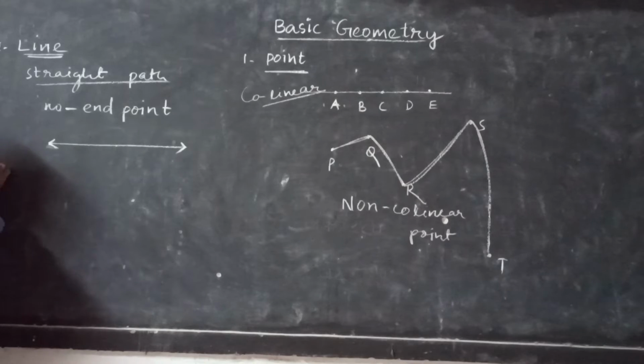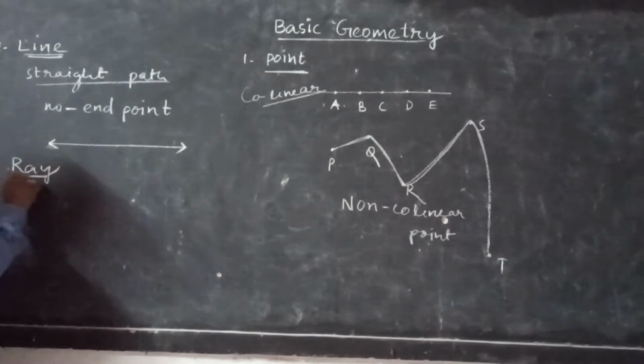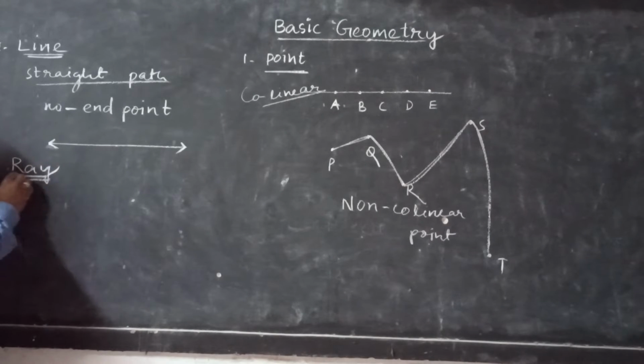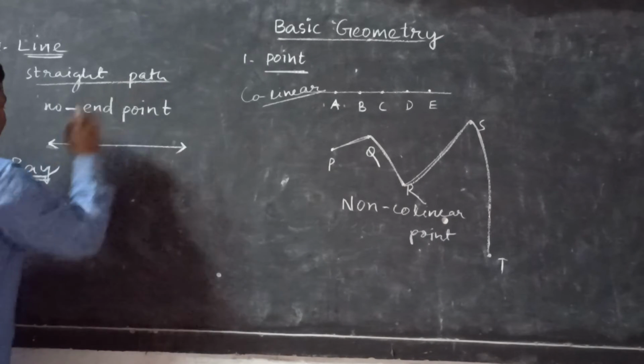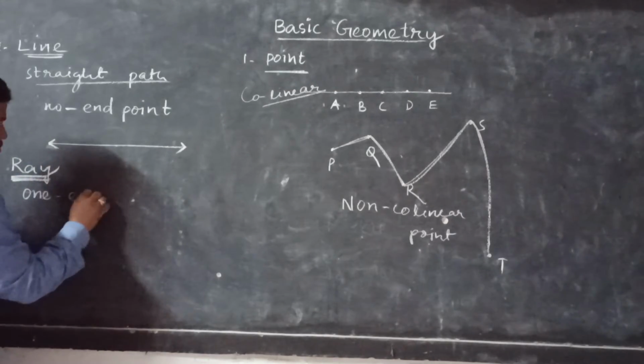Another one is a ray. What is a ray? A ray is another straight path which has only one end point.